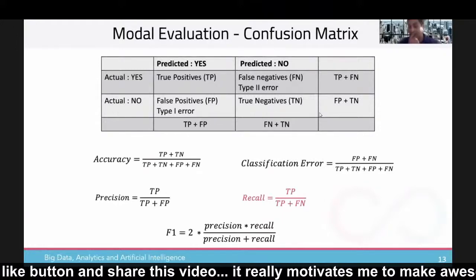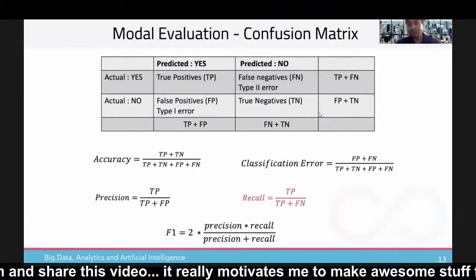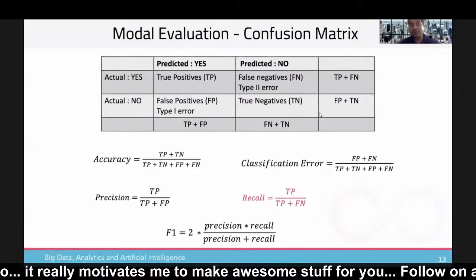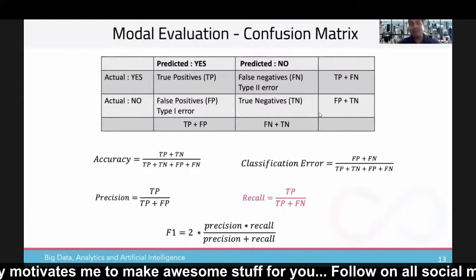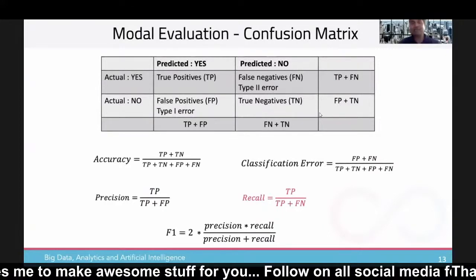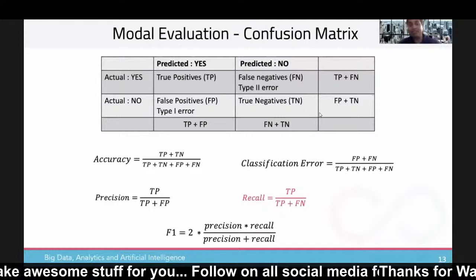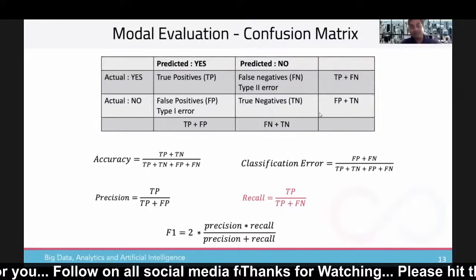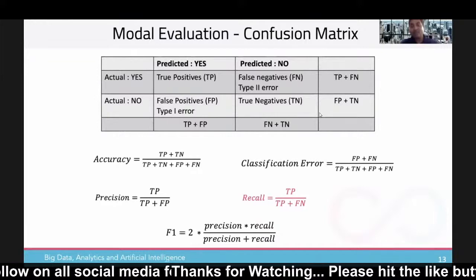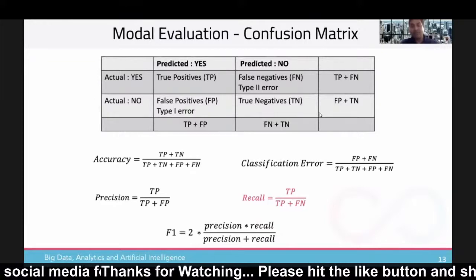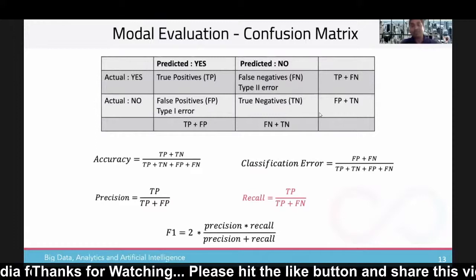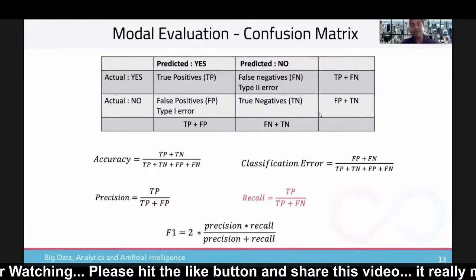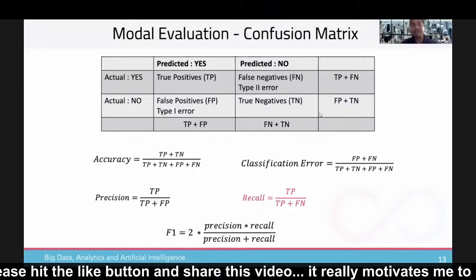So if the outcome is positive, what is the efficiency? What precisely can the algorithm identify? That is the efficiency, which we call precision. And recall means that if it is a positive, how often it was correctly identified by the algorithm.